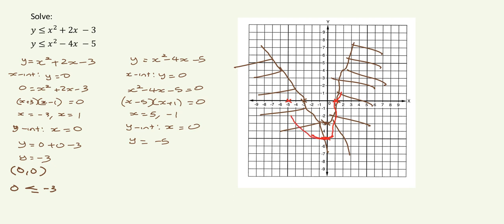Okay, so now we're going to use the origin test. With our origin test, we use the point 0, 0. So 0 is less than or equal to negative 5. This is inaccurate. So any part with the origin is completely inaccurate.